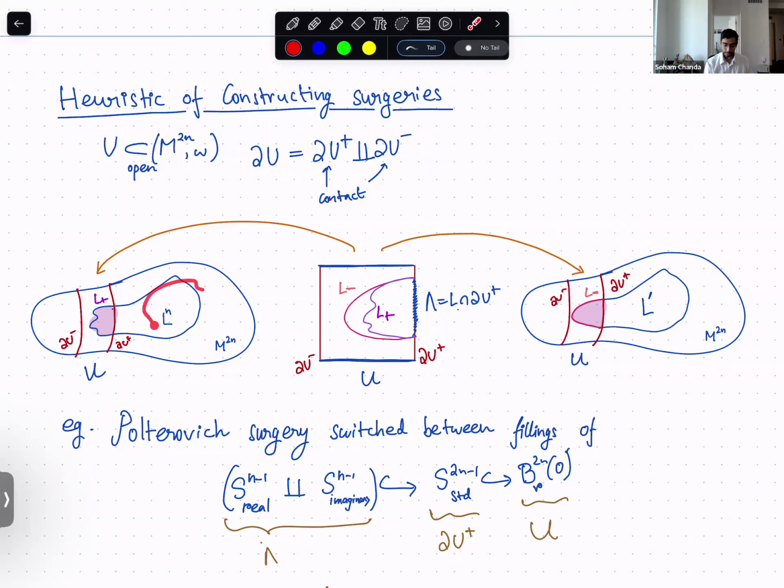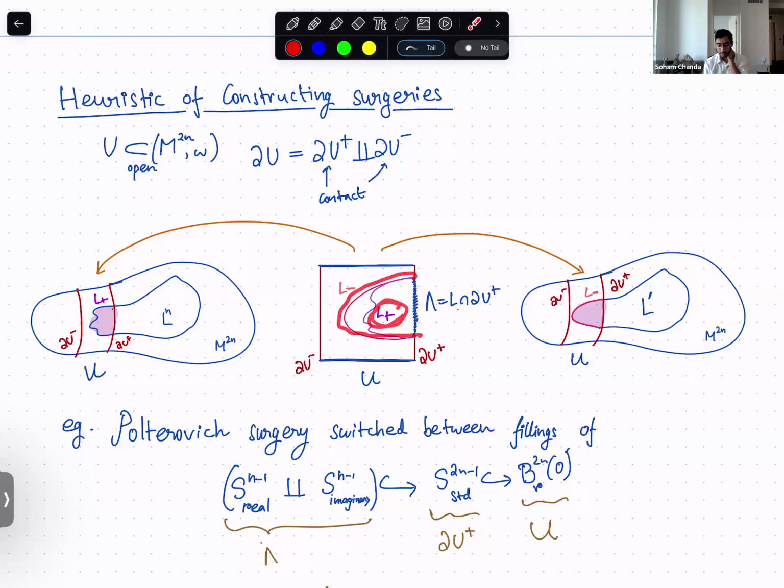If you have a Lagrangian L such that it intersects U and does not go outside through the ∂U minus part, and the intersection of the Lagrangian L with the positive boundary is some Lagrangian lambda, then you can view L intersect U inside U to be some L plus, which is a filling of this Lagrangian lambda. Let's call that filling L plus.